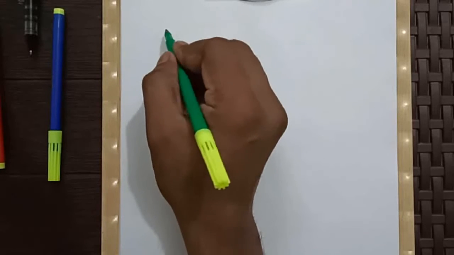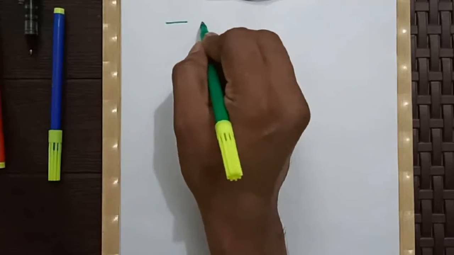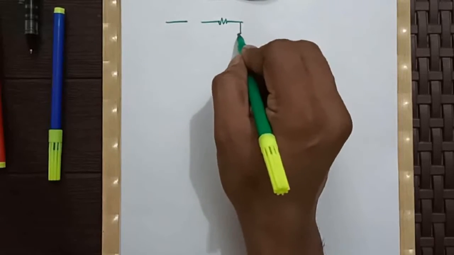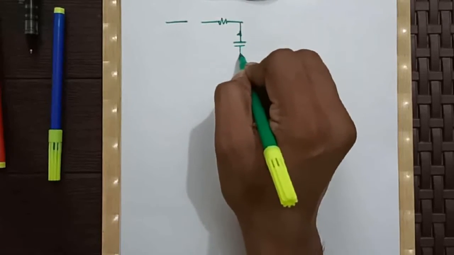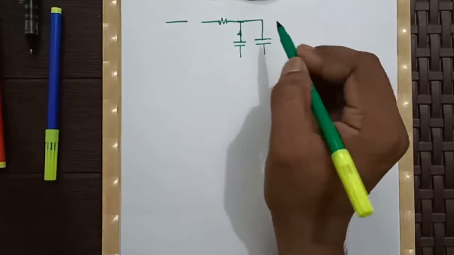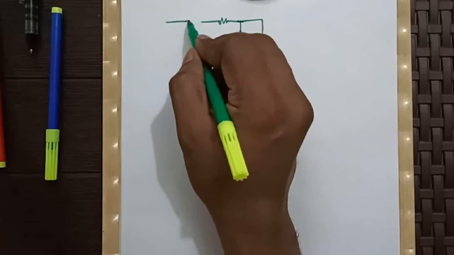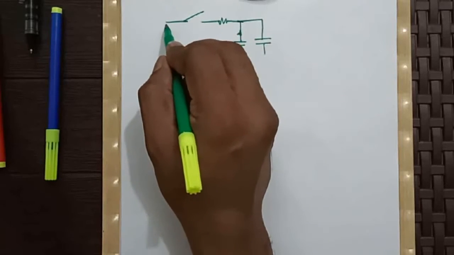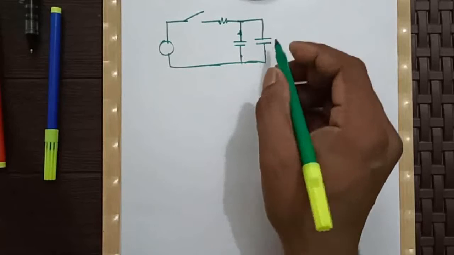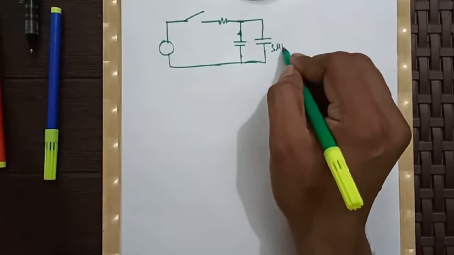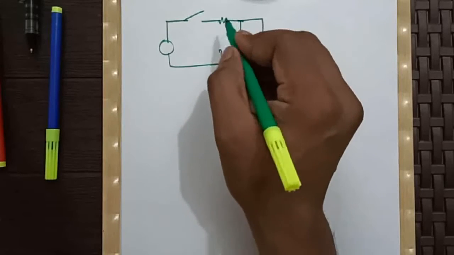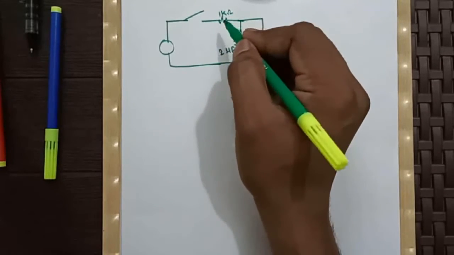Now consider this first circuit. This is R, this is C, this is also a capacitor. Now this is the switch. Its values are 3 microfarad, 2 microfarad and 1 kilo ohm.